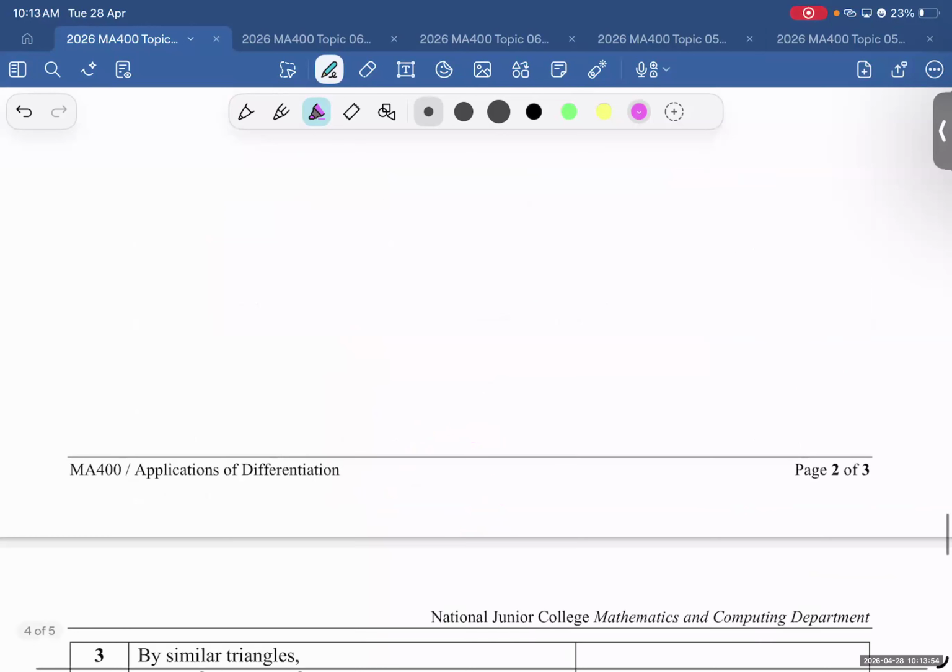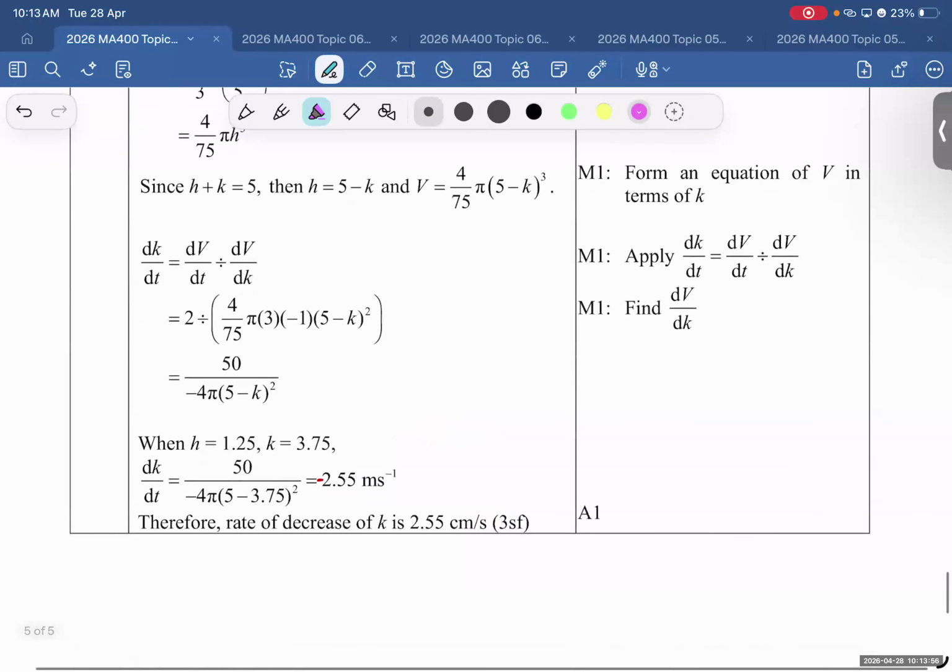Question 3, the answer is 2.55. A is 3.7. It looks okay, but you must try. I think something 2.55.